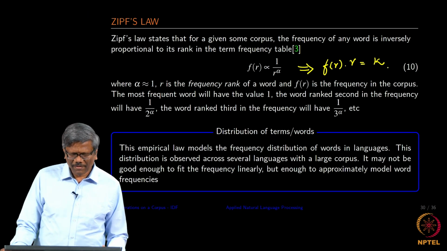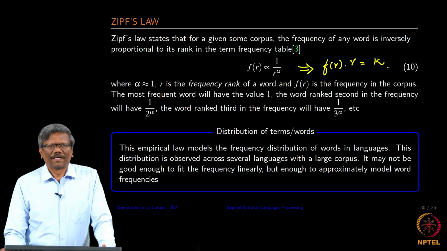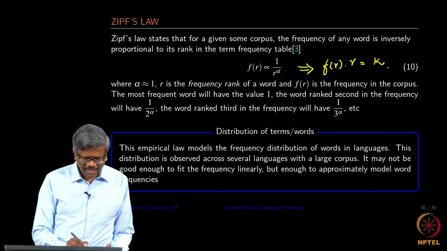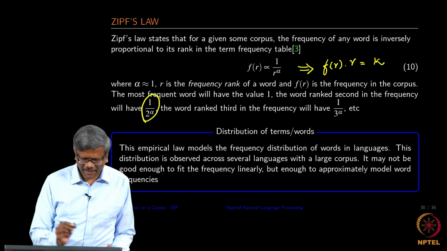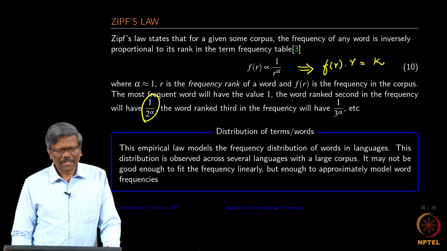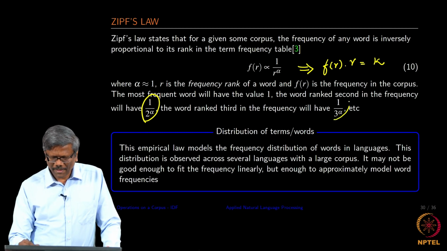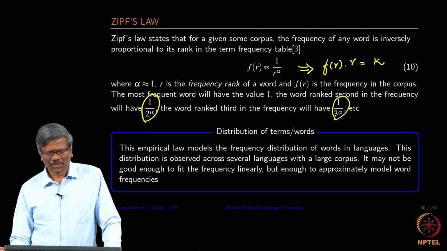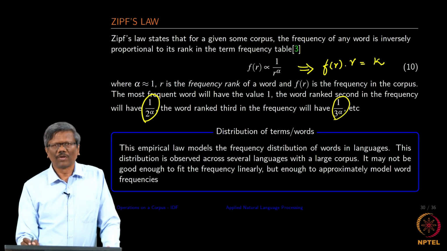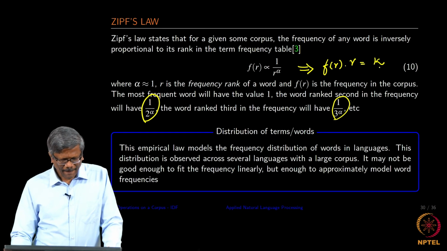The most frequent word will have the value 1, that is its rank, and then the second one will be represented as the frequency of that particular word equal to 1 by 2 to the power alpha, and then the third would be equal to 1 by 3 to the power alpha and so on. So, if you multiply the frequency and the rank, you are going to get a constant value. This is what Zipf's law is really stating.